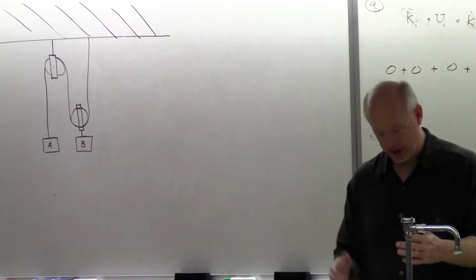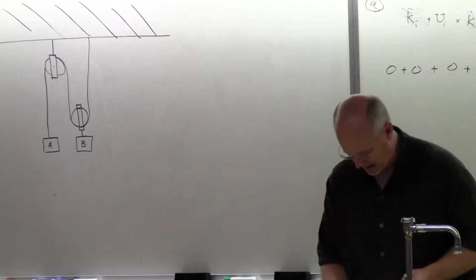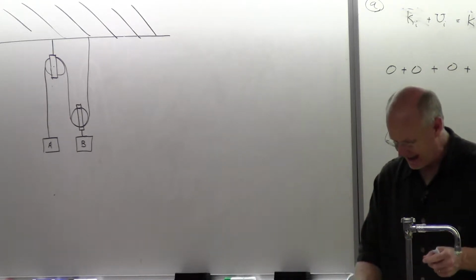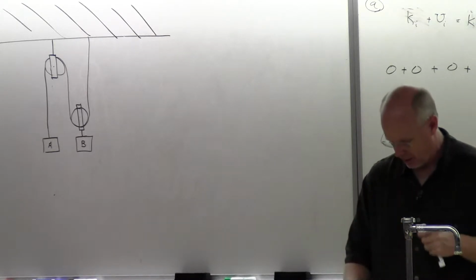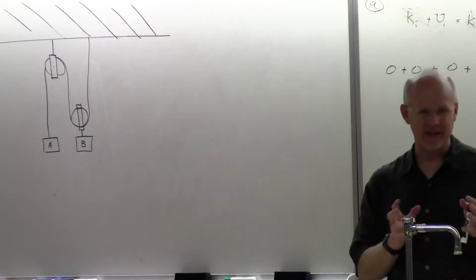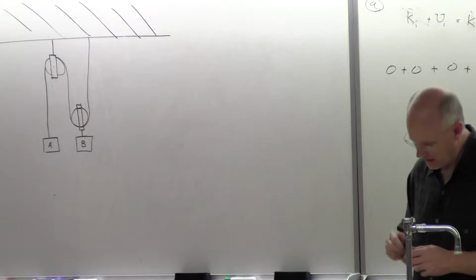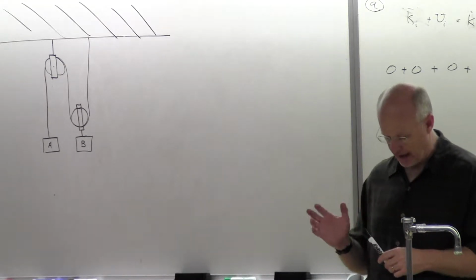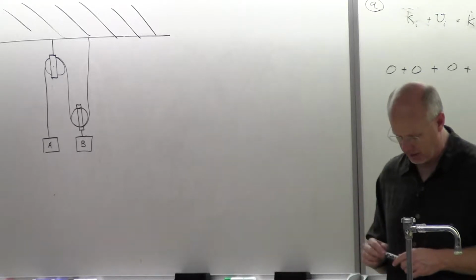I'll start at the beginning. It says the system shown in figure 12 consists of a light, inextendable cord, light frictionless pulleys, and blocks of equal masses. It is initially held at rest so that the blocks are the same height above the ground.